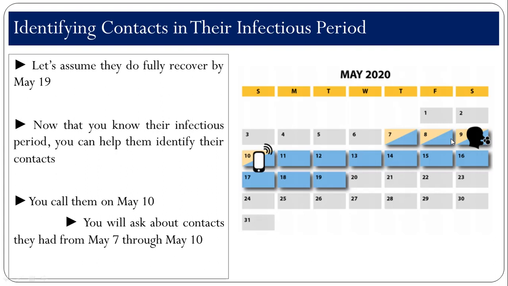We assume that after you call them, from 10th May onwards, they are isolating themselves, so they are not going to have any additional contacts. So, in your discussion with them on May 10th, you will need to list out everyone they had contact with since 7th May.